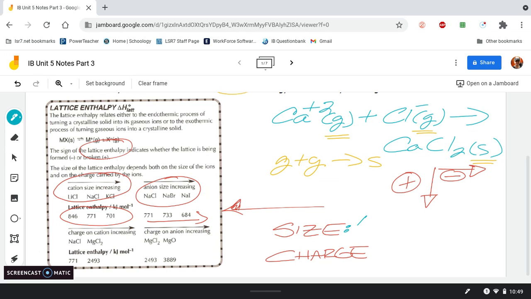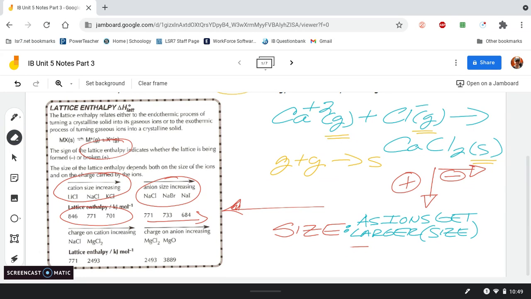We're going to write: as ions get larger, and we're talking about their size, then lattice energy decreases.